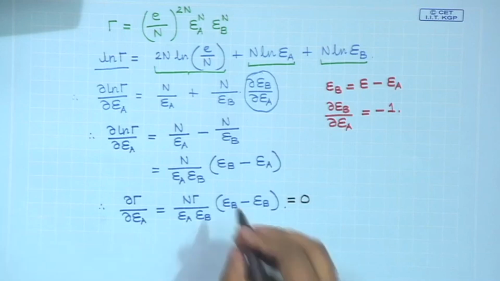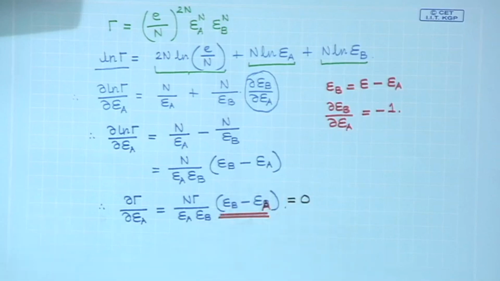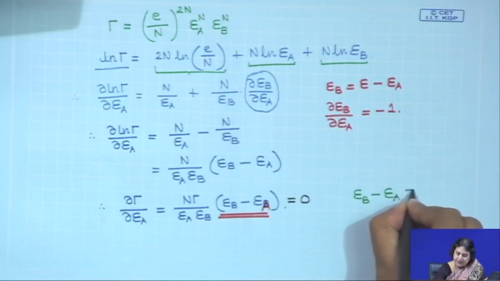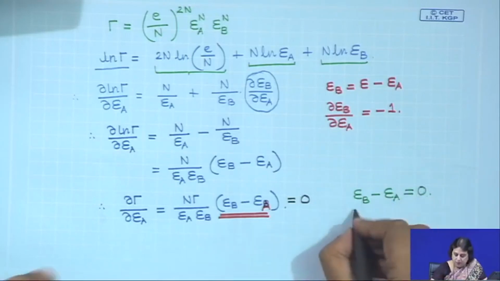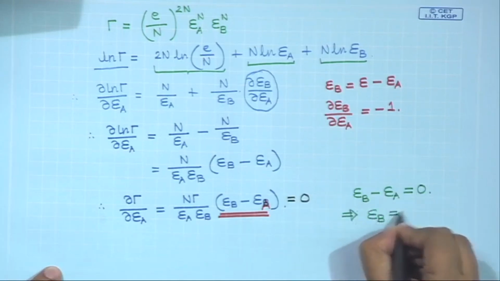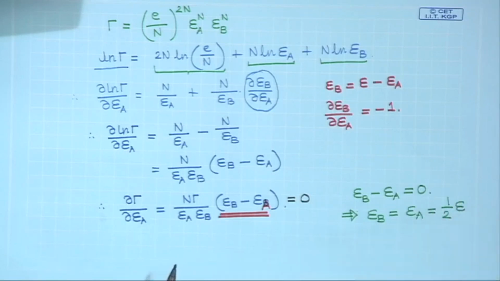This is epsilon B minus epsilon A, and that can happen only when this becomes equal to 0. So, at the maximum I must have epsilon B equal to epsilon A, or in other words, each of these energies must be half of epsilon. That is because these two must sum up to be the total energy epsilon.